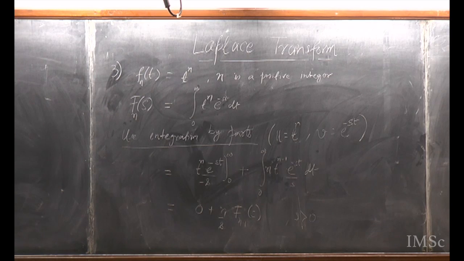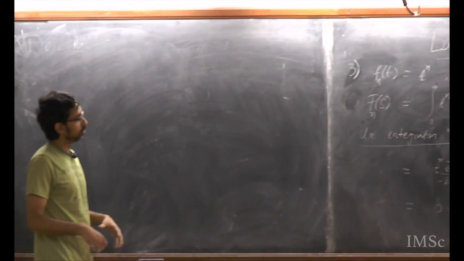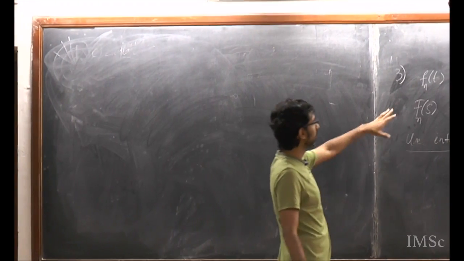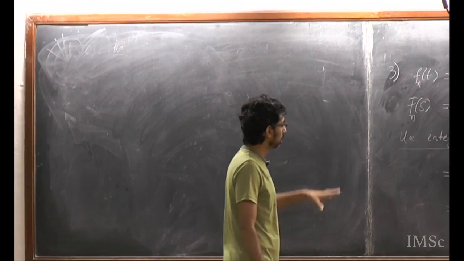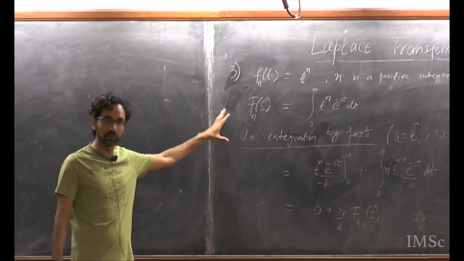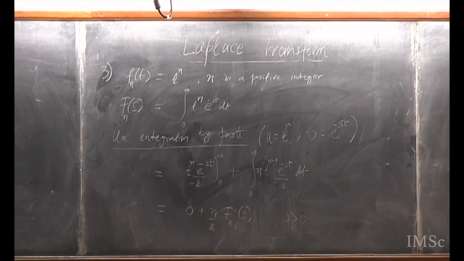And F(s) may not exist for any value of s also. So we need some criteria for which, given a function that satisfies that criterion, you can say that the Laplace transform will exist for some value of s.